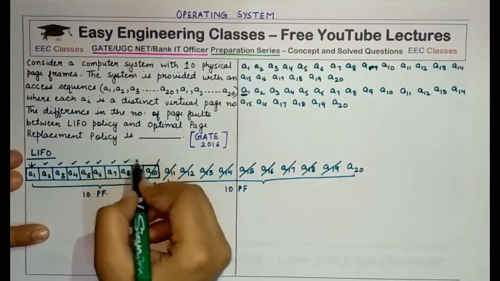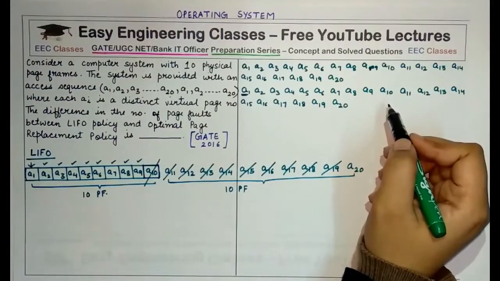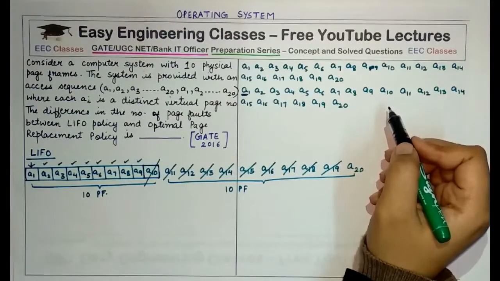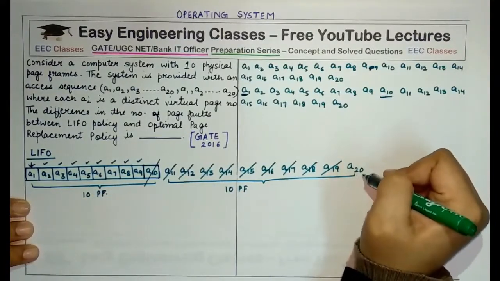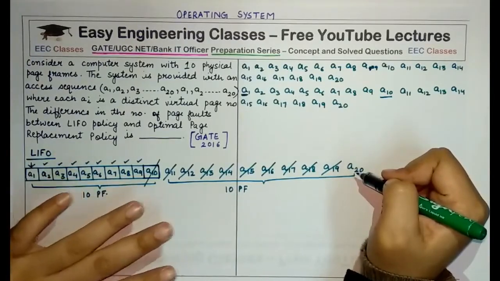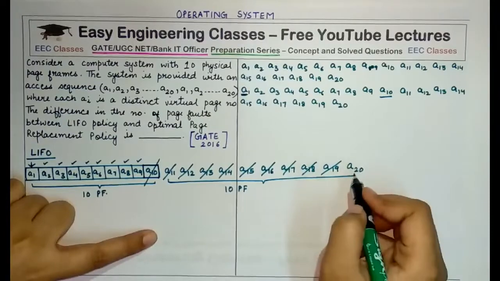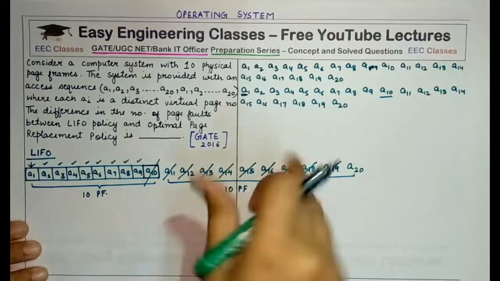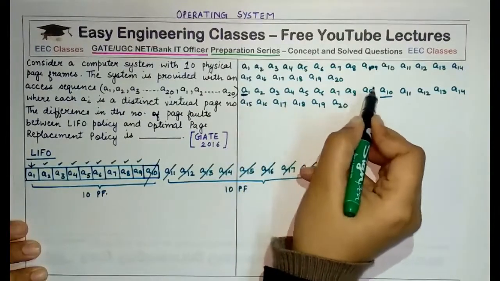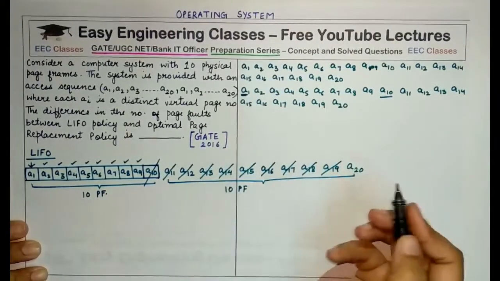Alright. So now coming to A10. A10 would replace the page that entered this frame set at the end. This A10 would now replace A20, because out of all these pages, A1 to A9 and A20, A20 was the last one that was put in the frame set. We won't be considering the other pages because they have not entered after A20. They were already present before A20.